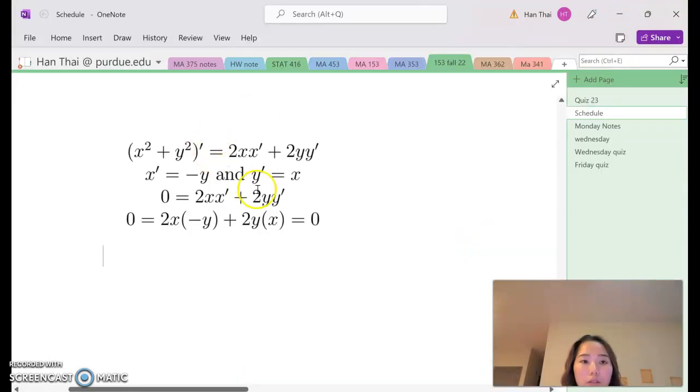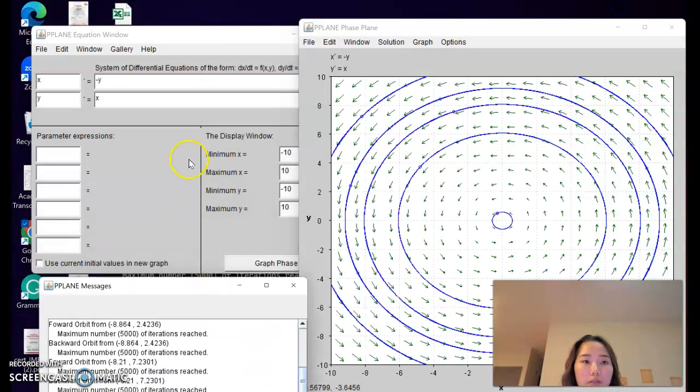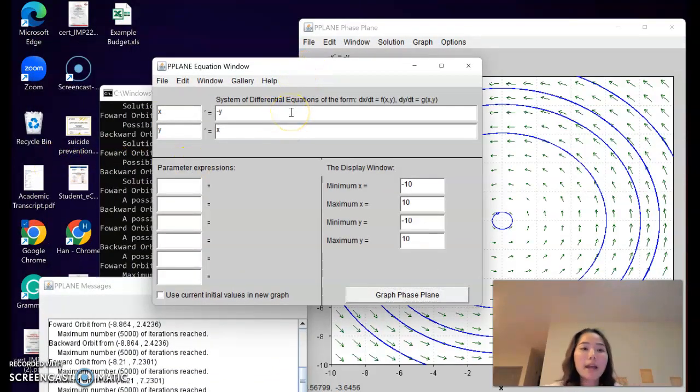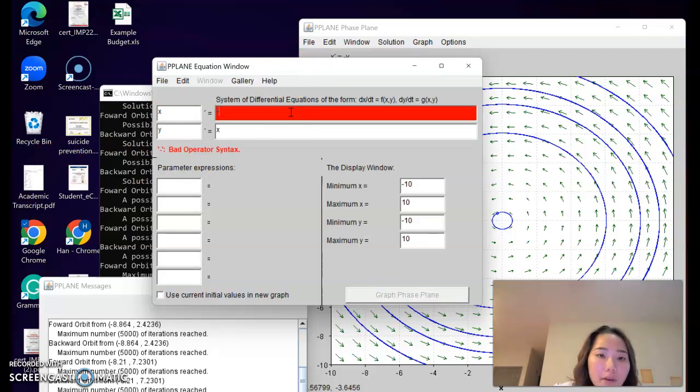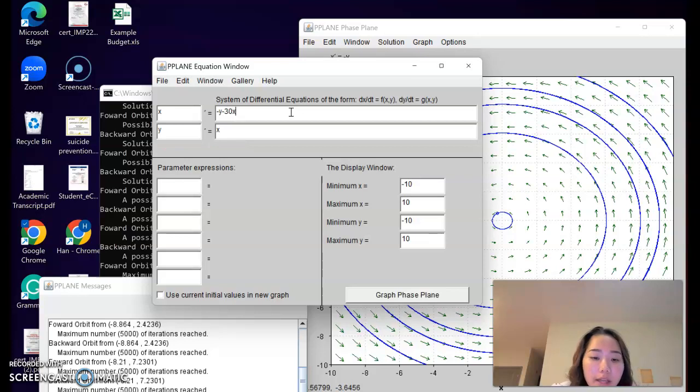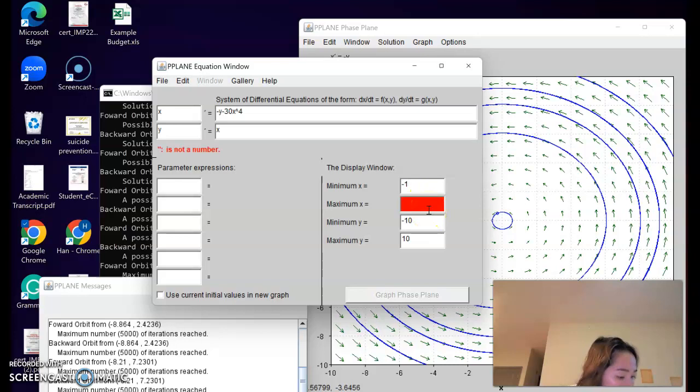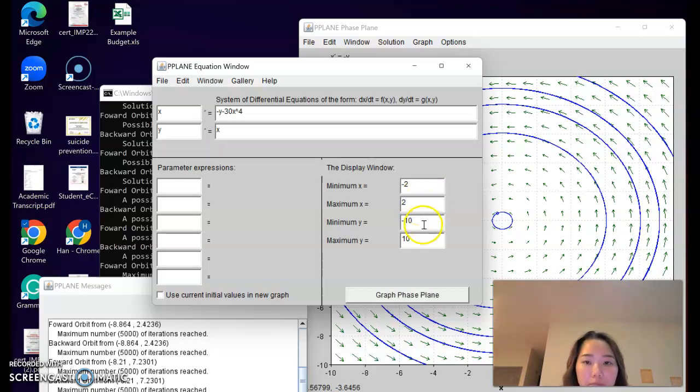So I'm going to plot x prime equal to negative y minus 30x to the fourth, and y prime equal to x. Our window is -2 to 2, and -2 to 2.